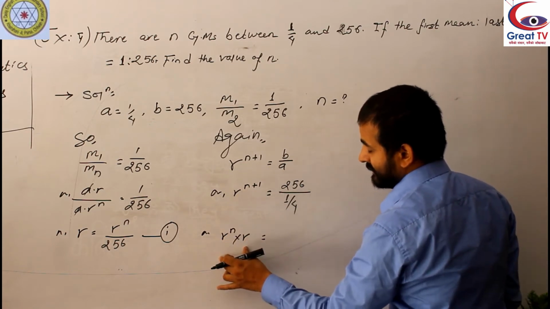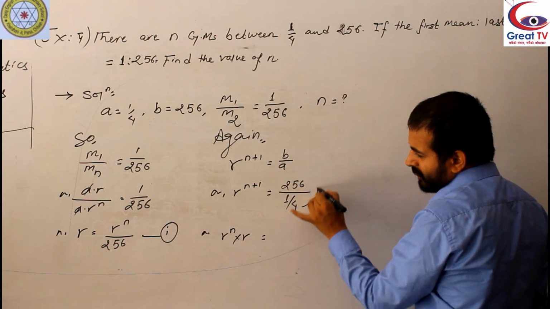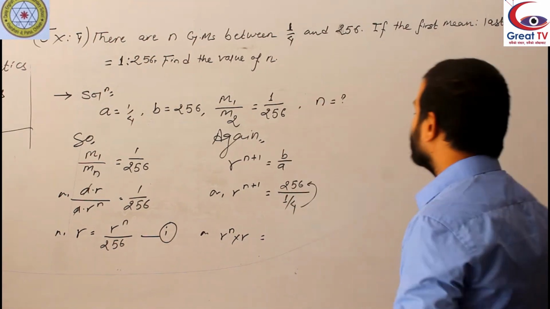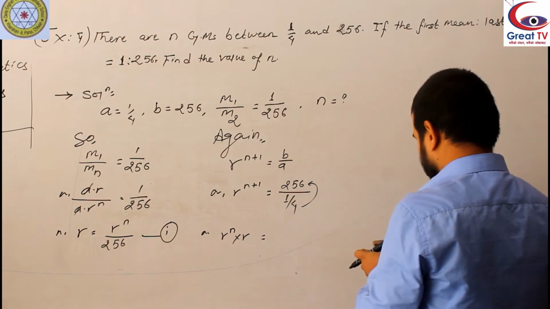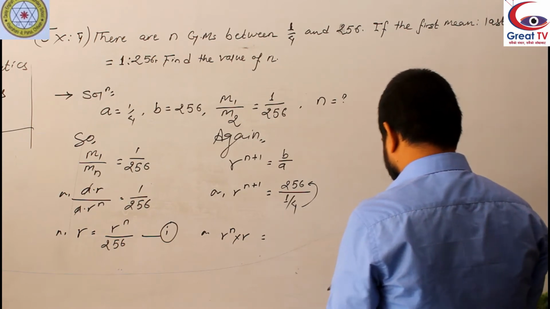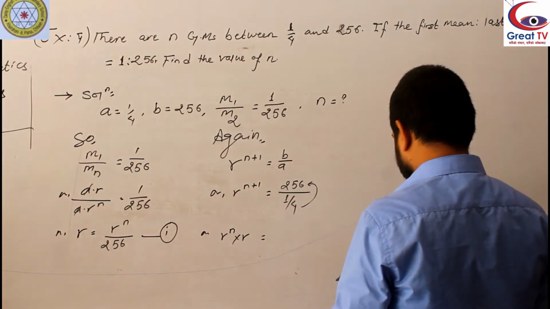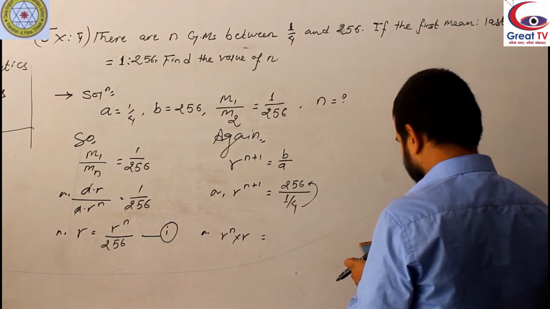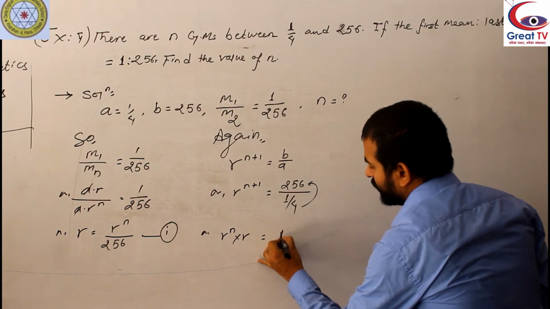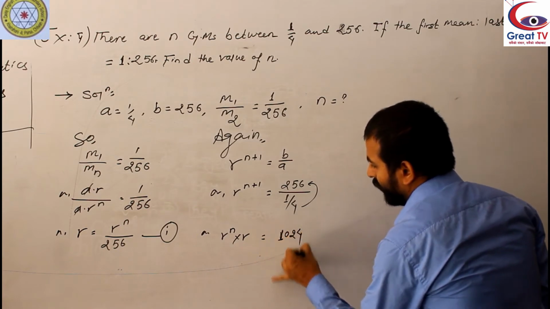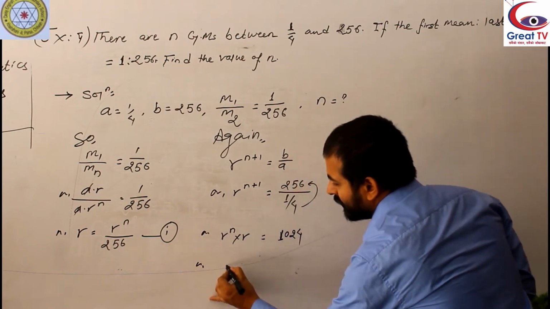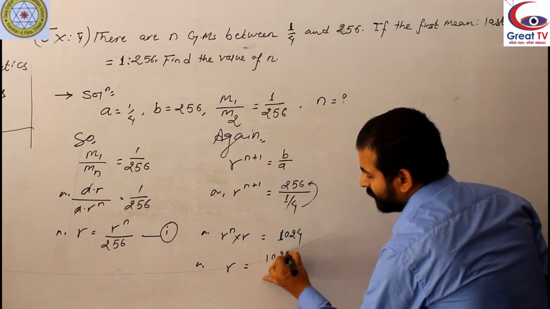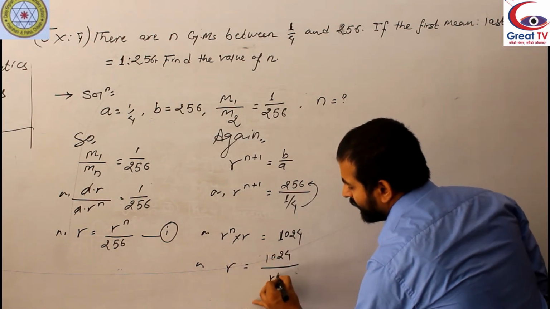Laws of indices tell this. Now the 4 jumps to the upper part, and now we have to write the multiplication of 256 and 4. So let's see how much we get. We have to use the calculator now. 256 multiply 4 is 1024. Now my dear students, again we will get one equation for r, that is 1024 by r^n.